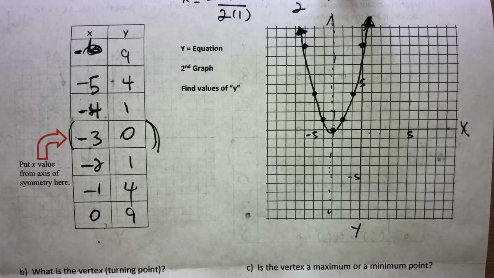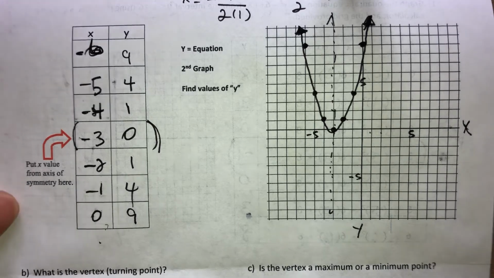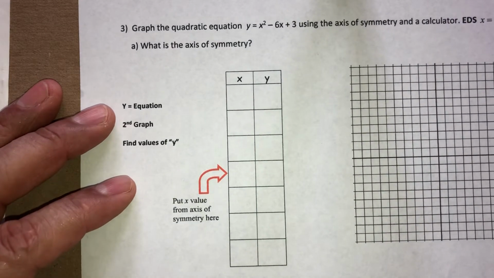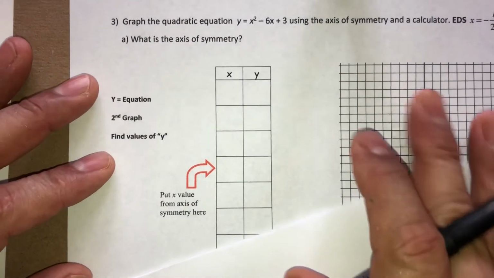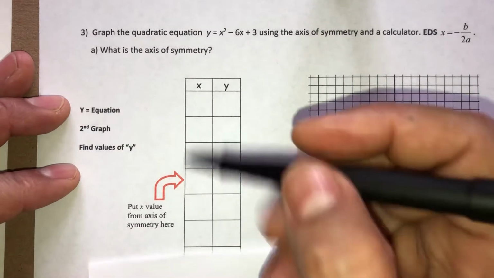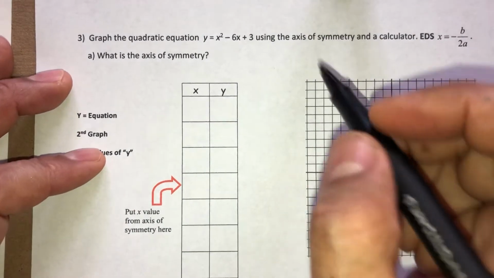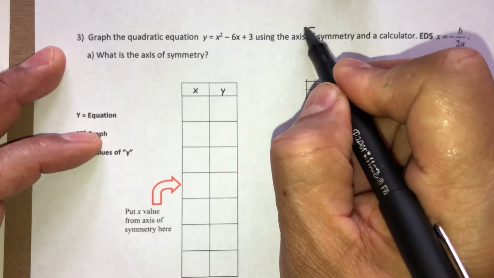So we have done 2 problems. Let's do one more, just to practice. And I hope you know I'm making this easier than before. So let's do number 3. Number 3, same thing. Remember, when we don't give you the values of x or the intervals, it will be a lot easier if you find the axis of symmetry.